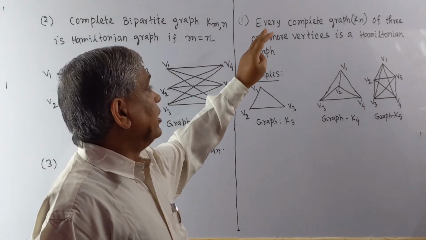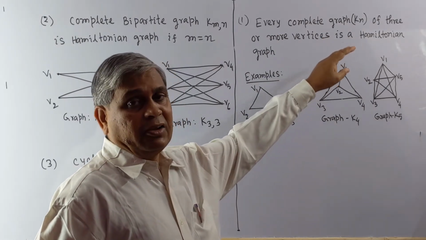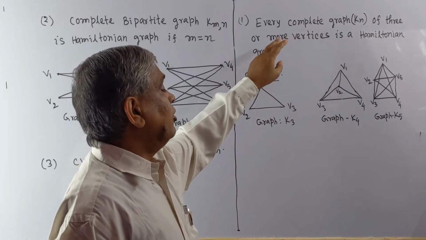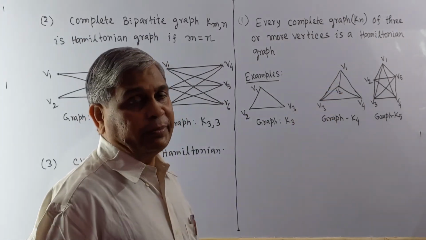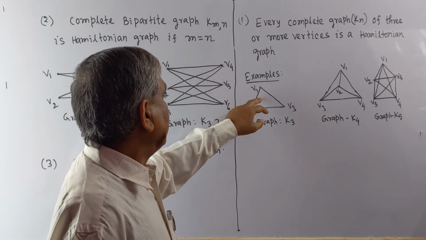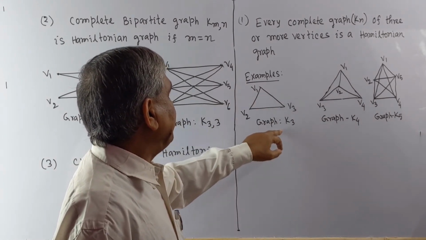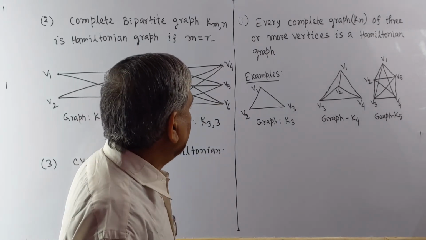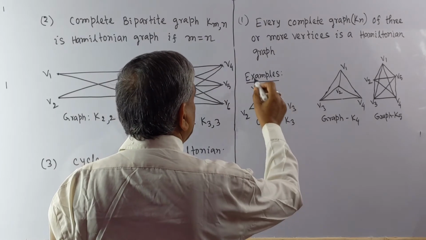Number 1, every complete graph Kn of 3 or more vertices is a Hamiltonian graph. Here this is a complete graph K3. Here vertices are V1, V2, V3.